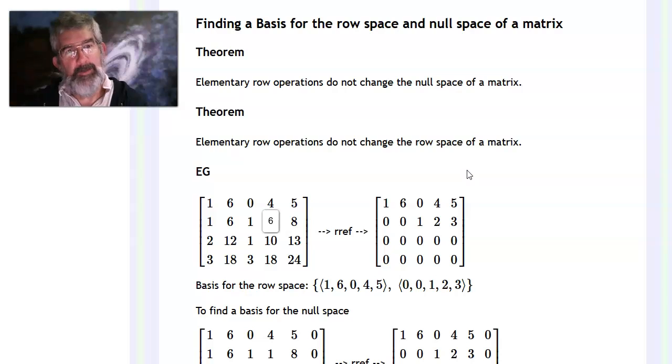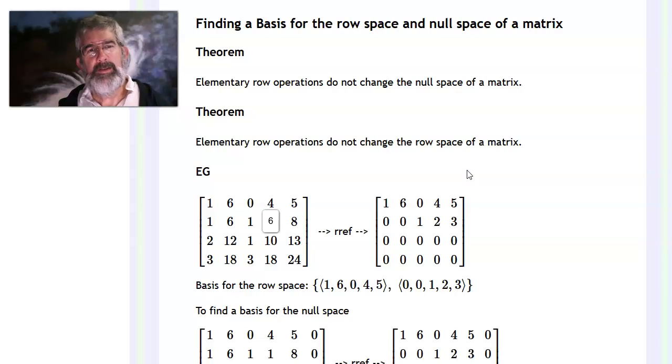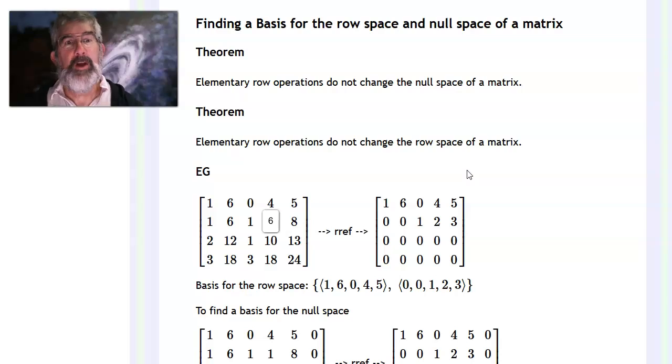Anyway, it's still a combination of the same rows, just sort of lined up differently. So adding a multiple of one row vector to another row vector does not change the span. You're still taking linear combinations of the same things.